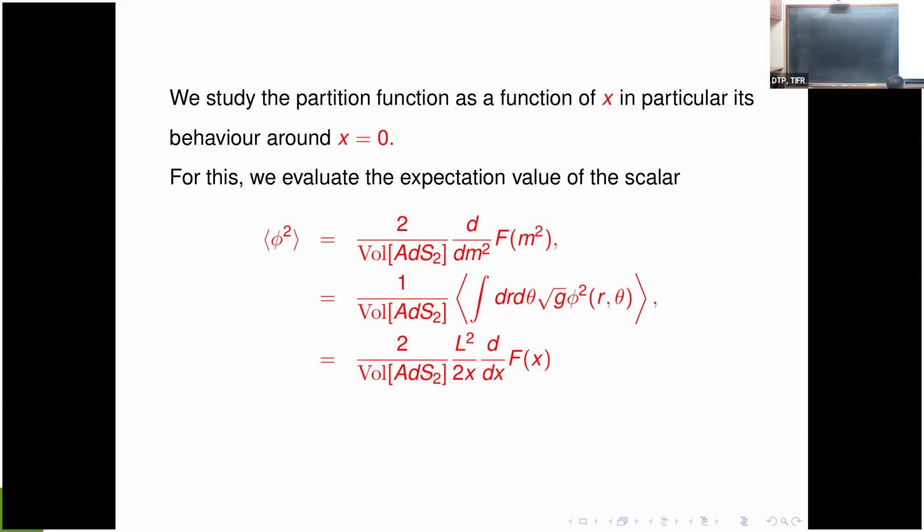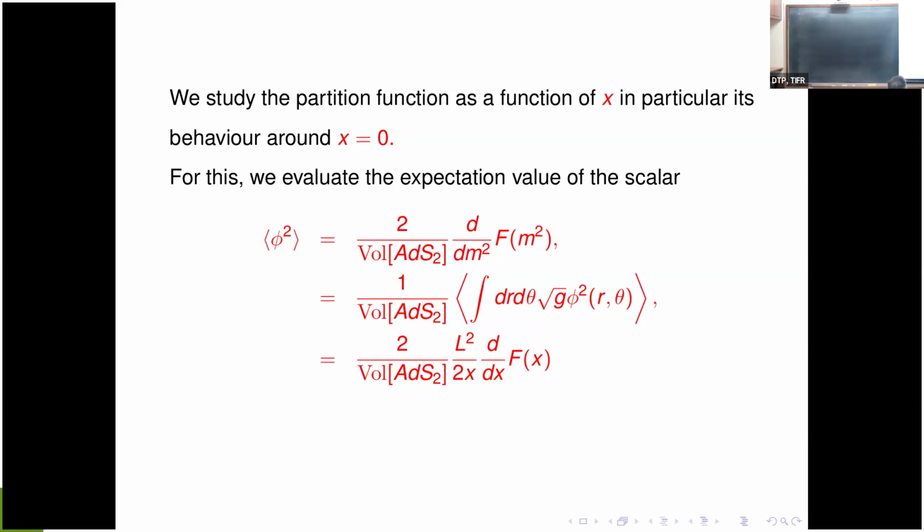Of course, because there is a volume of AdS2, we have to divide by it. But because AdS2 is a homogeneous space, this expectation value will be a constant, so the volume factors out, and we can just evaluate this particular quantity to read out the expectation value of phi squared.